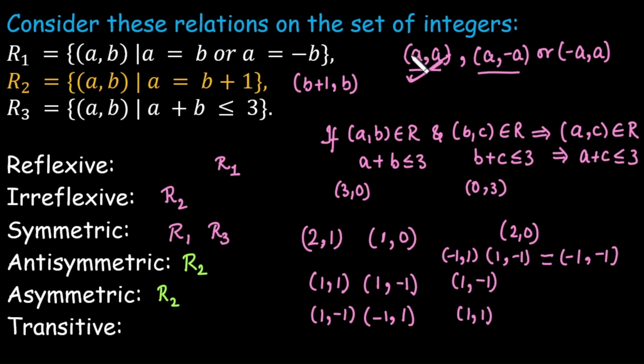It is not saying that A is always positive here. We are also taking minus A because both the elements are the same and the domain is the set of integers. So this type of elements are already there in the set. So yes, R1 is transitive. So this is how we can identify the type of a relation on such defined forms.